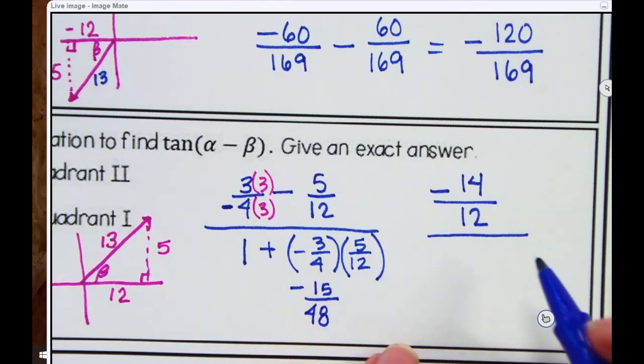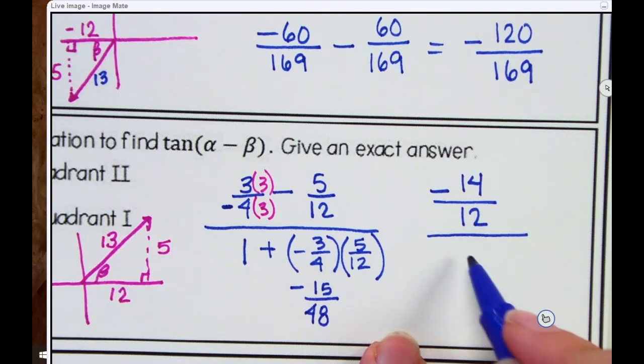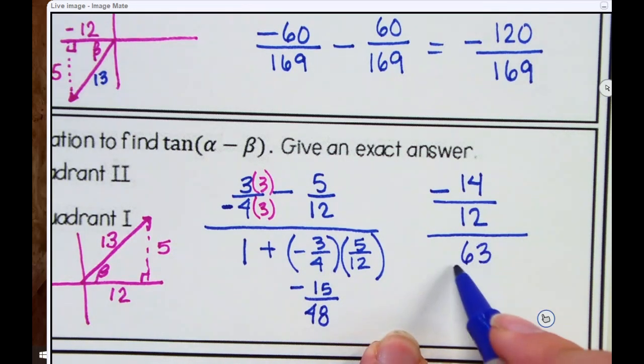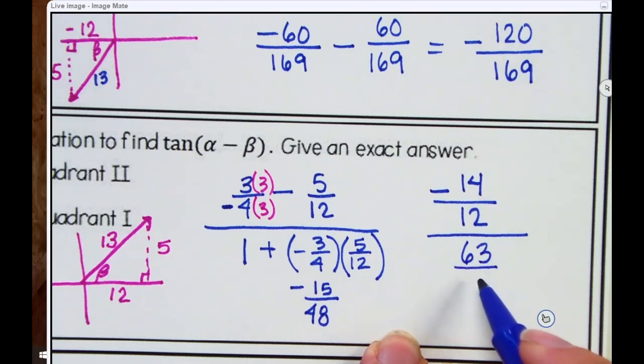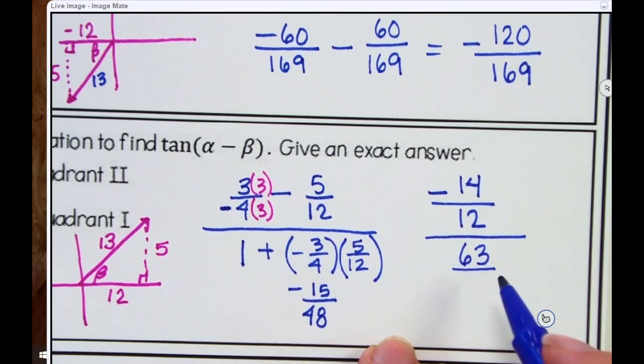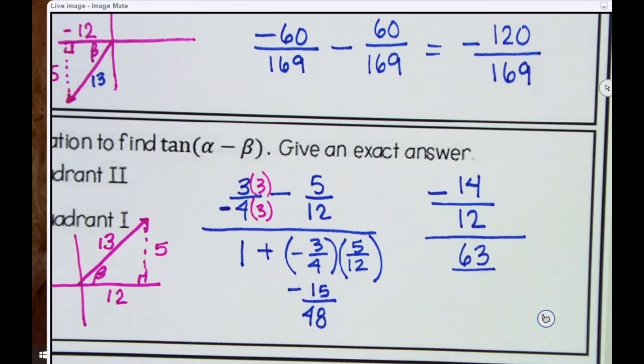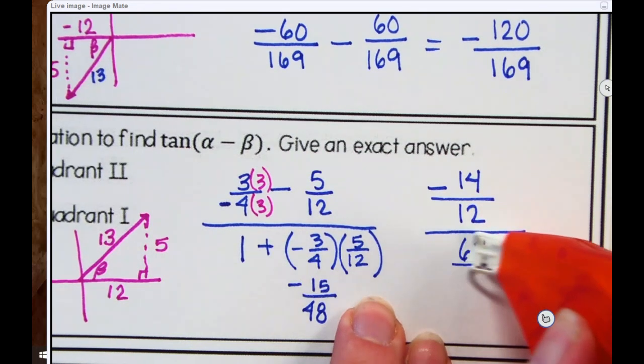Tell me again. 63/48 is on the bottom? That's what it adds up to be. Oh wait, I thought you would subtract there too. Because it's plus or minus the 1.